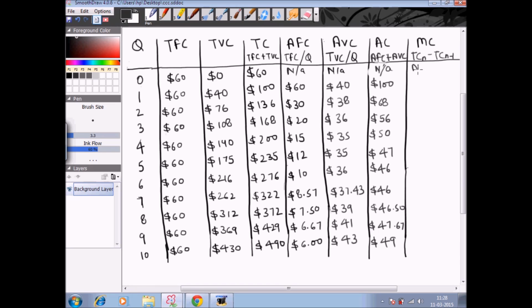So in the first case it would be 0, then 100 minus 60, that is $40, then 136 minus 100, that is $36, then 168 minus 136, that is $32, then 200 minus 168, that is $32. Likewise we get the marginal cost.